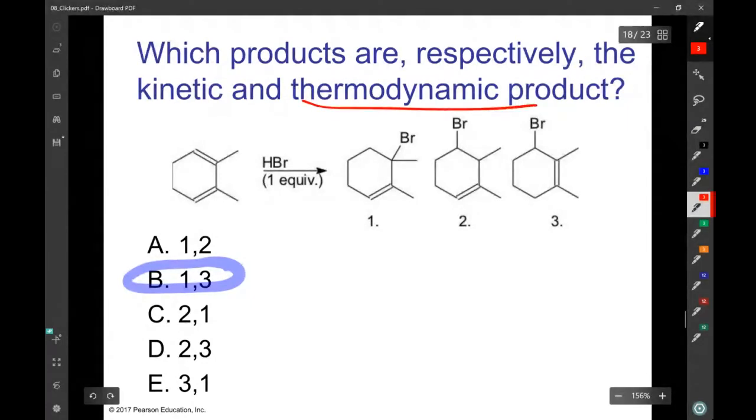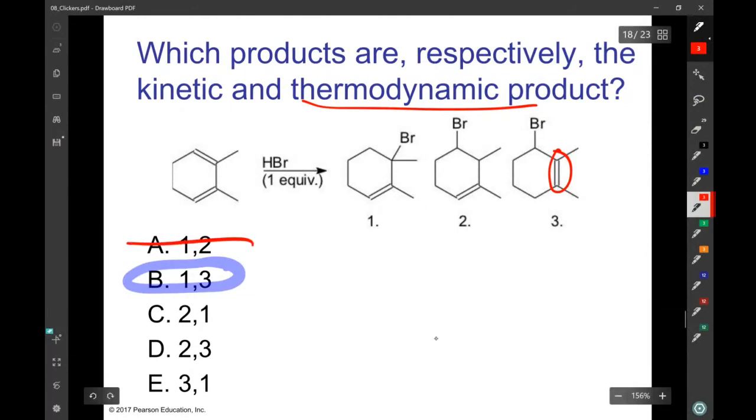First thing, let's look for the thermodynamic product. The thermodynamic product will be the most substituted one. Looking at 1, 2, 3, I notice that 3 is more substituted. So 3 will be my thermodynamic product.